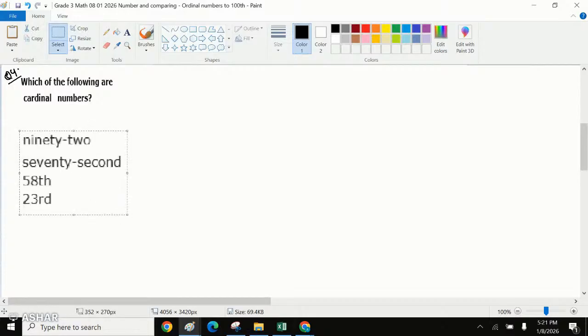Can we find the cardinal numbers out of these? It says 92, 72nd, 58th, and 23rd. So which numbers are cardinal numbers?